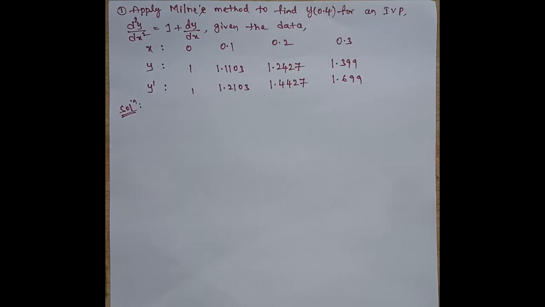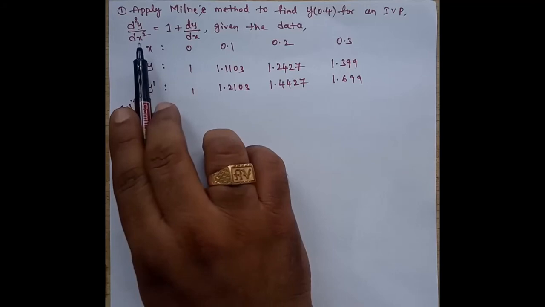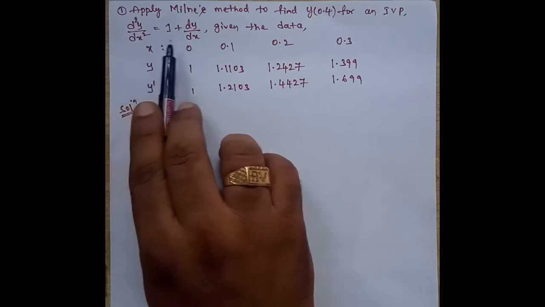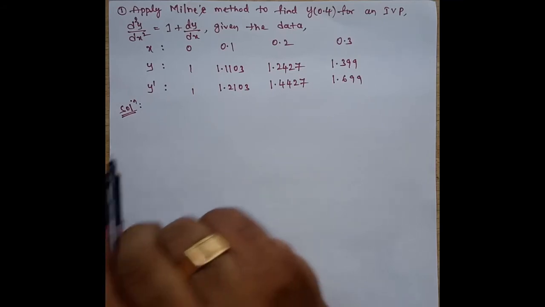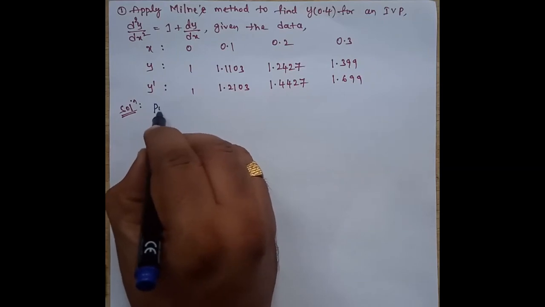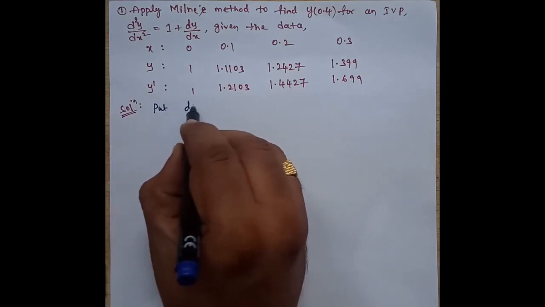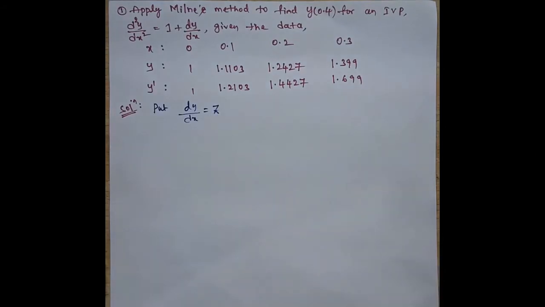We know that while solving any problem of a second order differential equation, the first step is to reduce that second order differential equation to first order. To do this, we have a substitution. Put dy/dx = z.